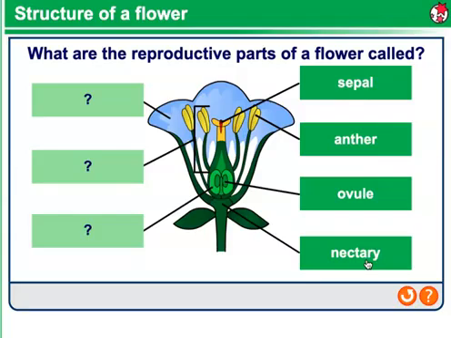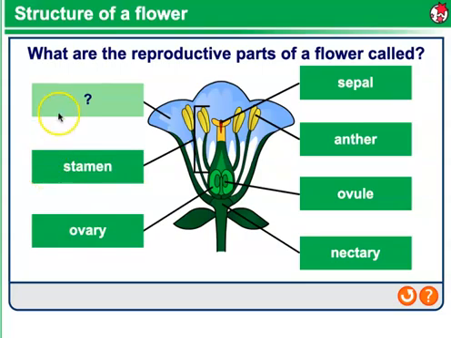The base is called the nectary. Here we find the ovary. The stamen is going to support the anthers, which is where pollen is going to be produced. And then, of course, there are petals.